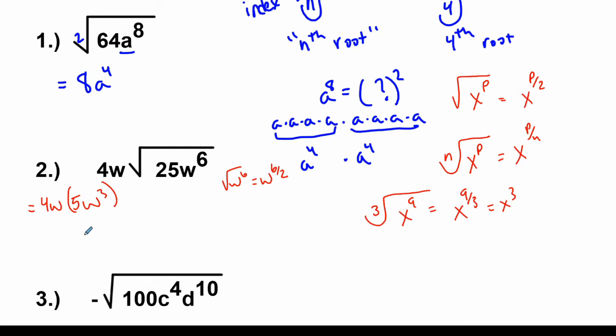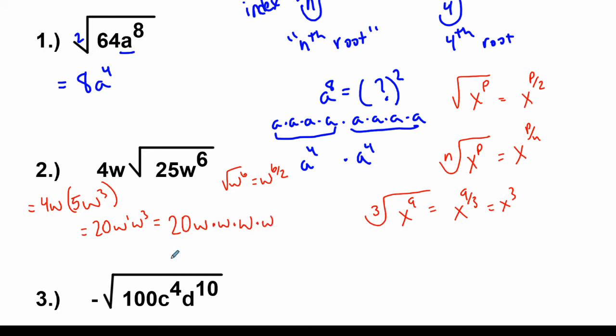Okay, now the question becomes, what do I do with these w's? I know 4 times 5 is 20. So I have w to the first power times w cubed. If we were to write it out long ways, 20 w to the first, and w cubed is 3 w's.